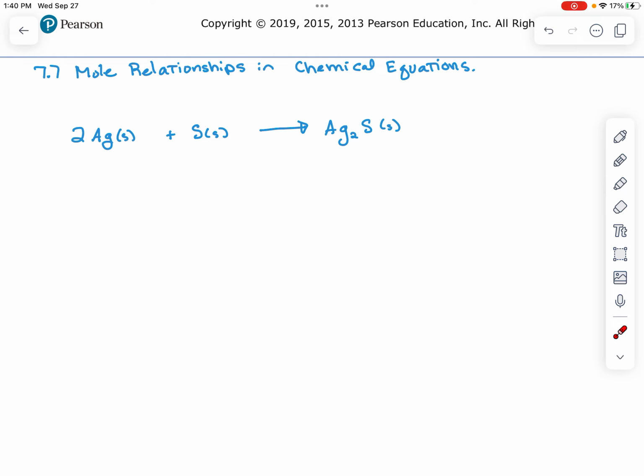Or we could say that 2 moles of silver react with 1 mole of sulfur to make 1 mole of silver sulfide.